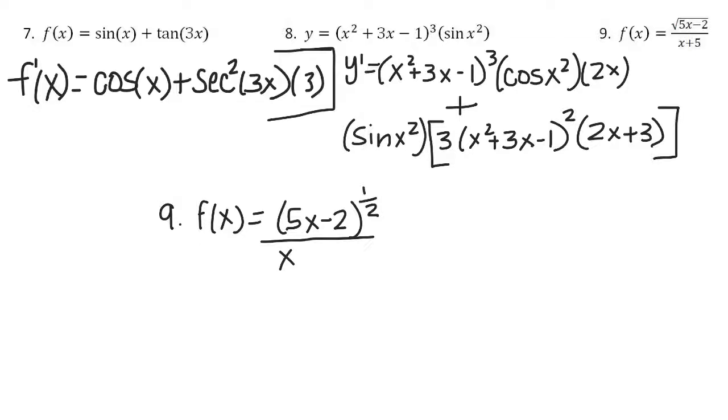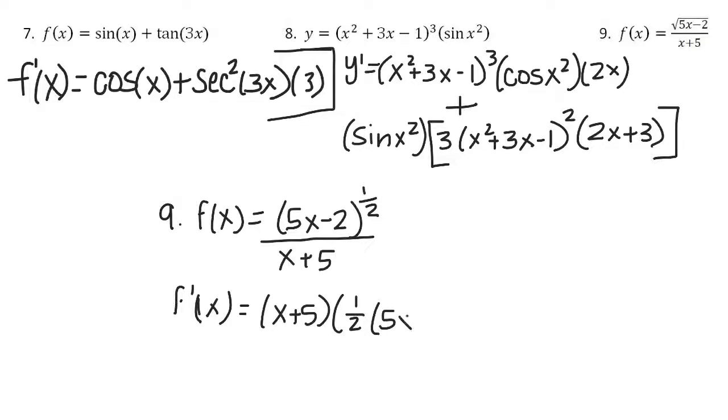If we leave it in the bottom, F prime then would be what? We have the bottom times the derivative of the top, which is going to be 1/2 times (5x minus 2) raised to the negative 1/2 times the derivative of the inside, which is what? 5.